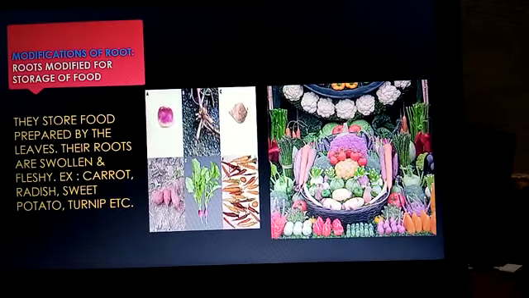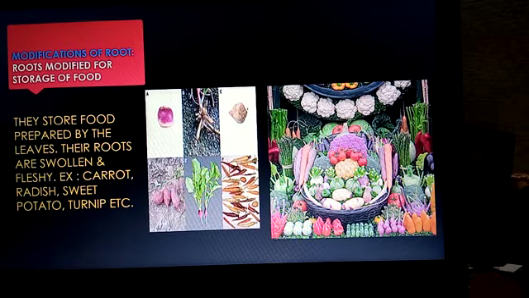Now, what are the modifications of roots? What do you mean by modifications? Roots perform some functions, and apart from those functions, if they perform special functions, those are known as modifications.